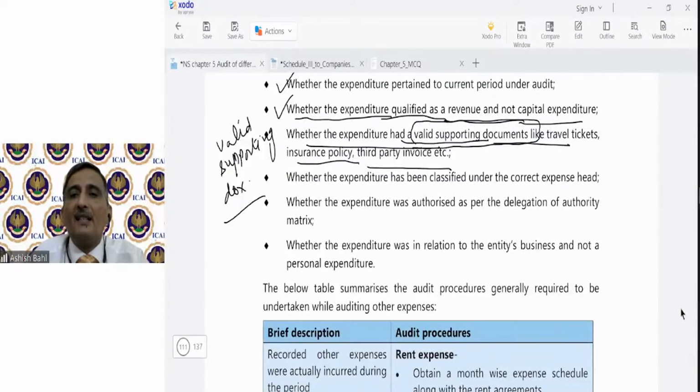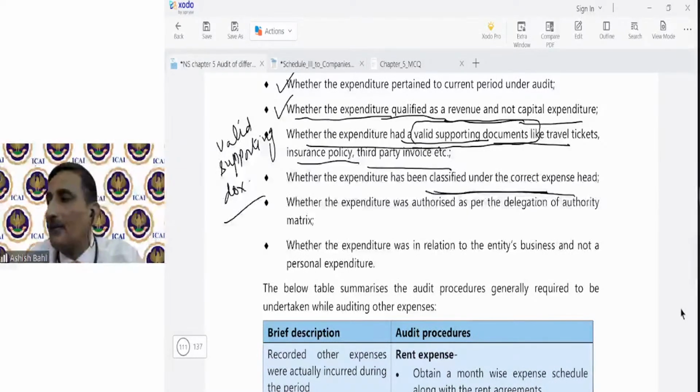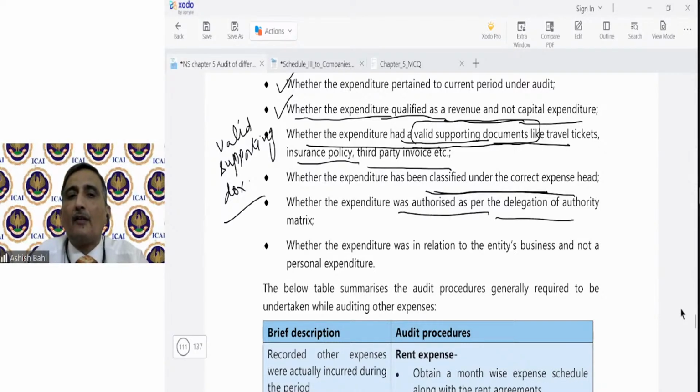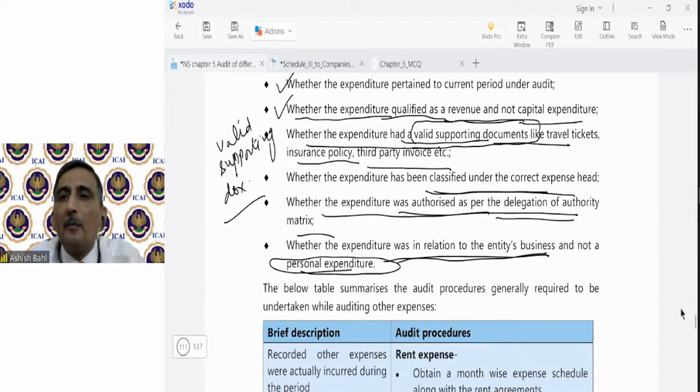Whether the expenditure has been classified under the correct head. Obviously, classification assertion would be satisfied. Whether an expenditure was authorized as per delegation of authority. Whether the expenditure was in relation to the entity's business and not personal expenditure. This point we have been talking about. So students, you would be seeing that without reading your module, you are able to form procedures on your own.